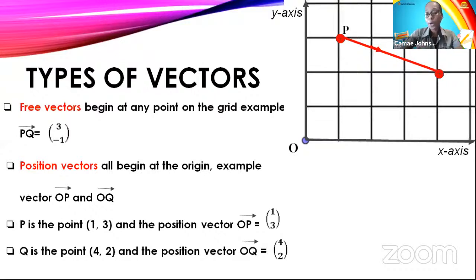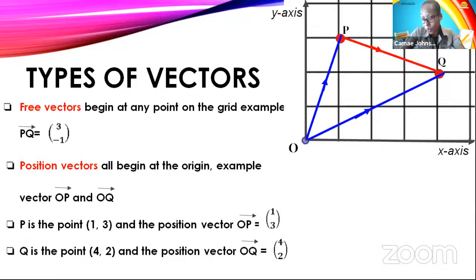Here we see vector OP and vector OQ. These are position vectors, and we know you definitely know these.